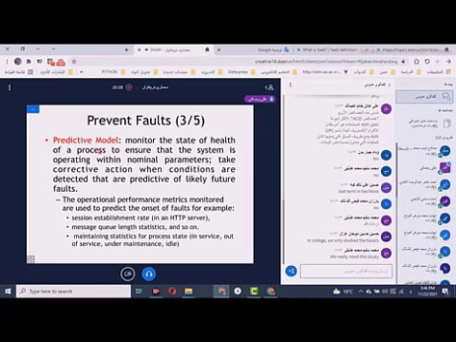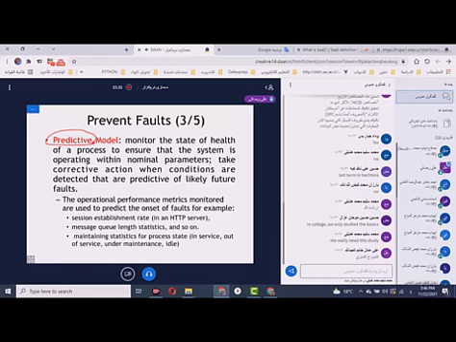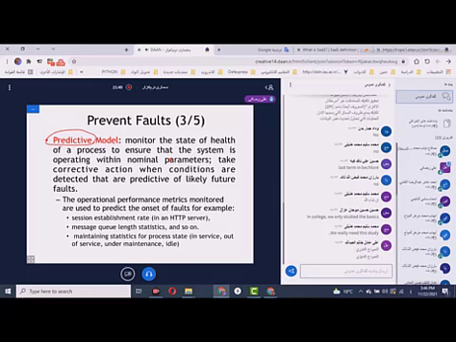So we have another tactic which is called predictive model. Prediction and predict mean to forecast. For example, when I sit here and look at the sky, I can forecast that we may have a rainy day.